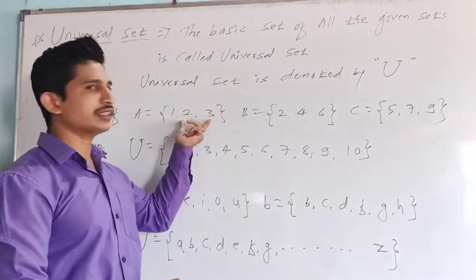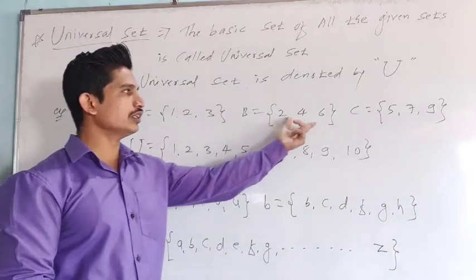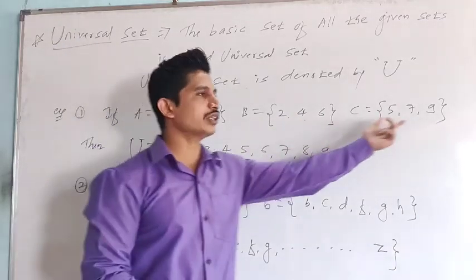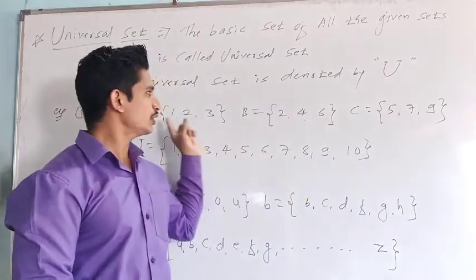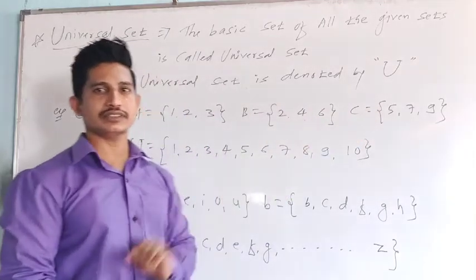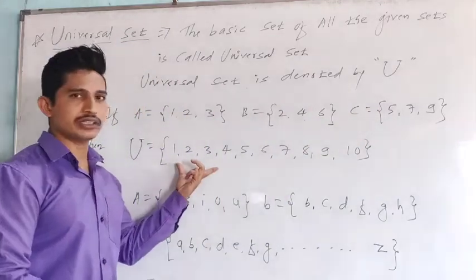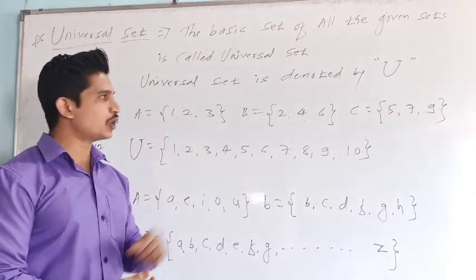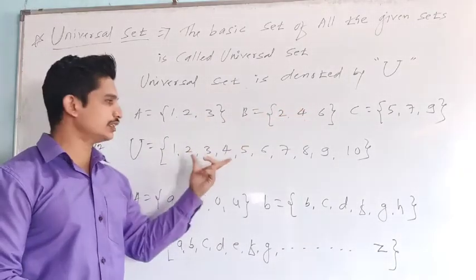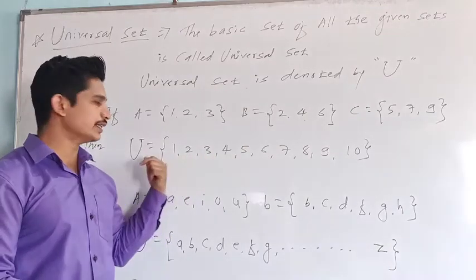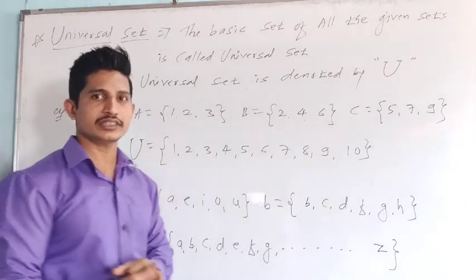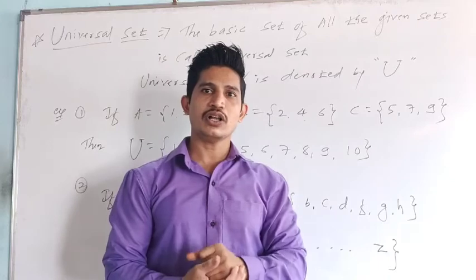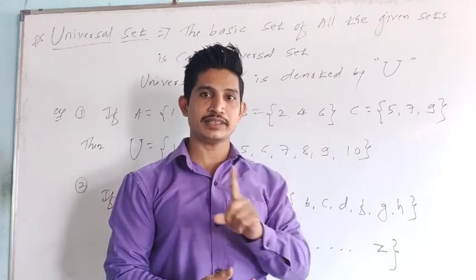All these elements are here, so it has all the elements from the given sets. That's why it is the basic set of all these sets. All the elements are present in this set, so this set is called the universal set.